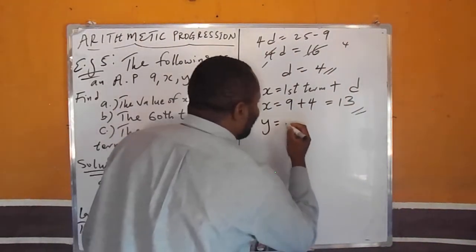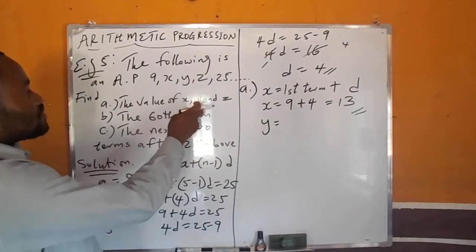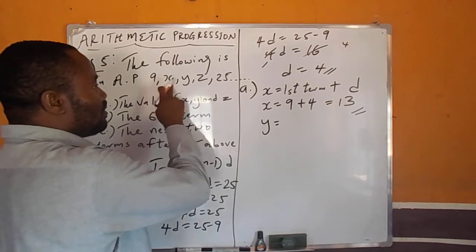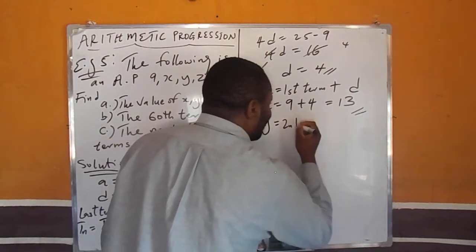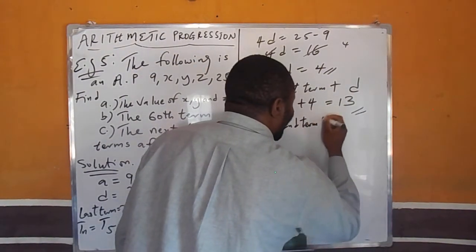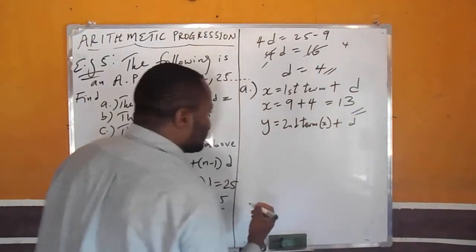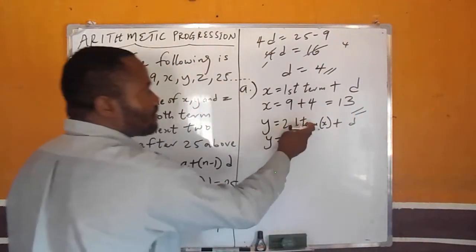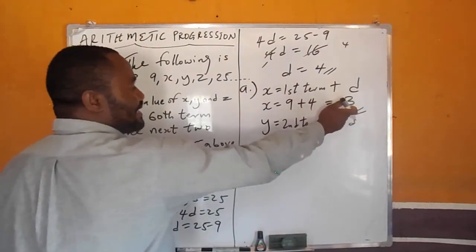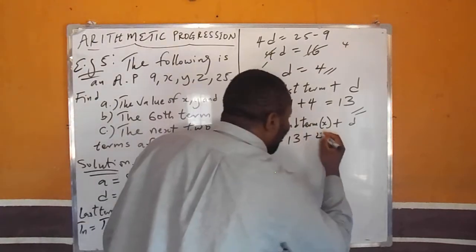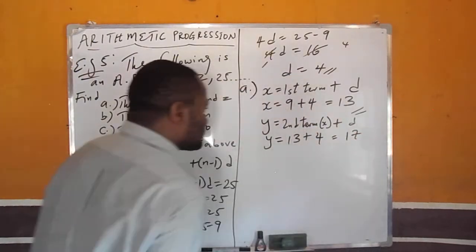Y equals, this is y, so we have the second term. Y equals second term, which is x plus D. Y equals our second term, x, and x is 13, plus the difference 4, which equals 17.